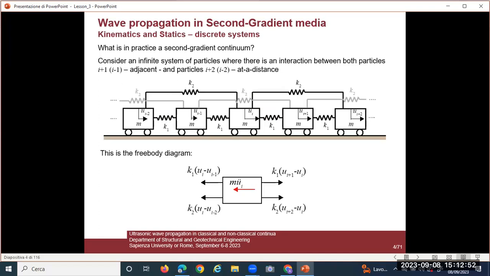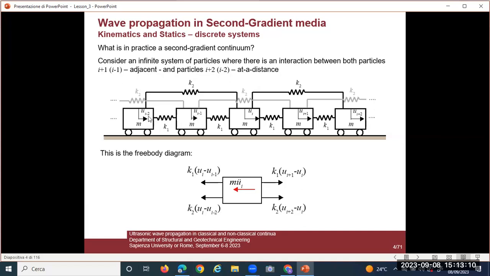First of all, I would like you to give a look at this drawing. What is in practice a second gradient continuum? You have to imagine a chain of 1 degree of freedom oscillators.